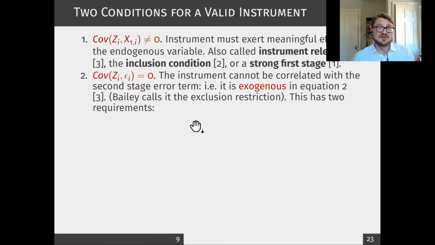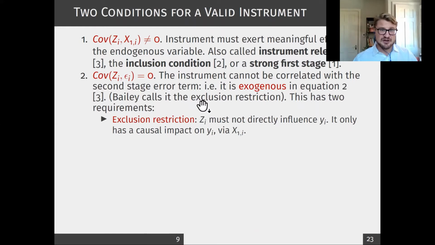Bailey calls this the exclusion restriction, but there are really two elements to it, and different textbooks refer to this differently. I'm going to be using the definitions of the Wooldridge textbook, but the two components, one is what often people call the exclusion restriction, and the idea is that Z, our instrument, cannot directly influence Y. It can't have its own cause on Y. It can only have an impact on Y through the endogenous variable.